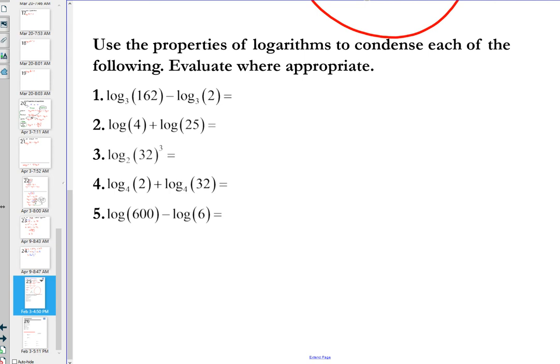The nice thing about these is that these are all constants, but depending on the calculator that you have, what do all of these have in common?